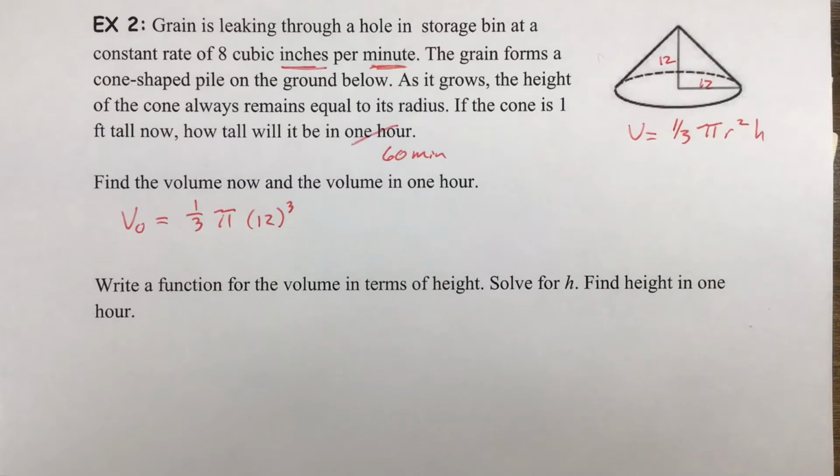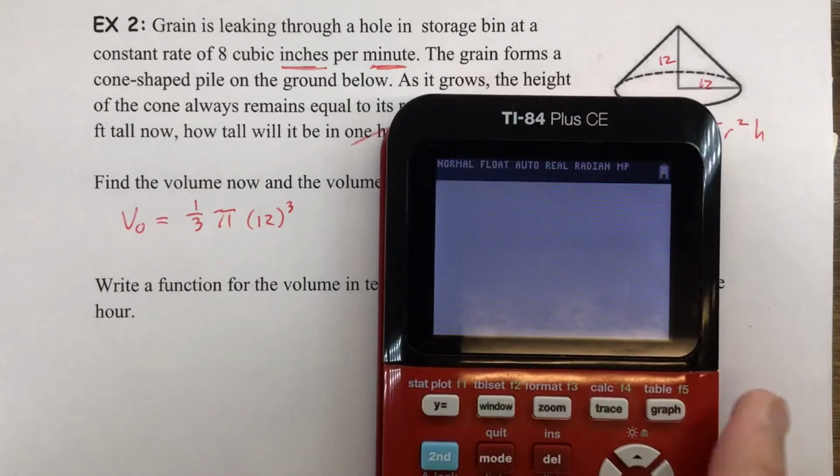Let's go ahead and calculate that volume. We're going to have 1/3 multiplied by pi multiplied by 12 to the third power, which gives us 1,809.6.